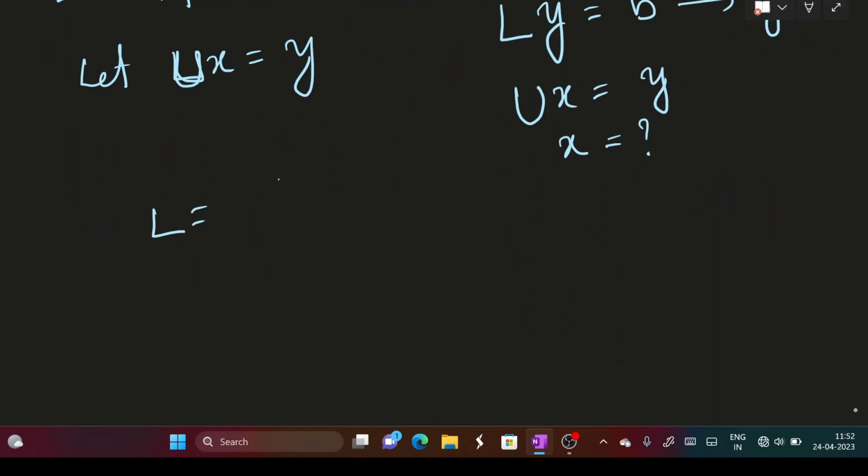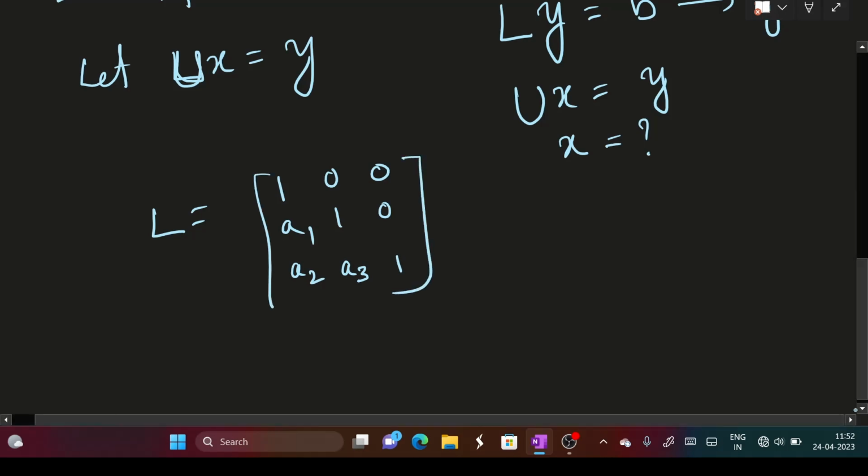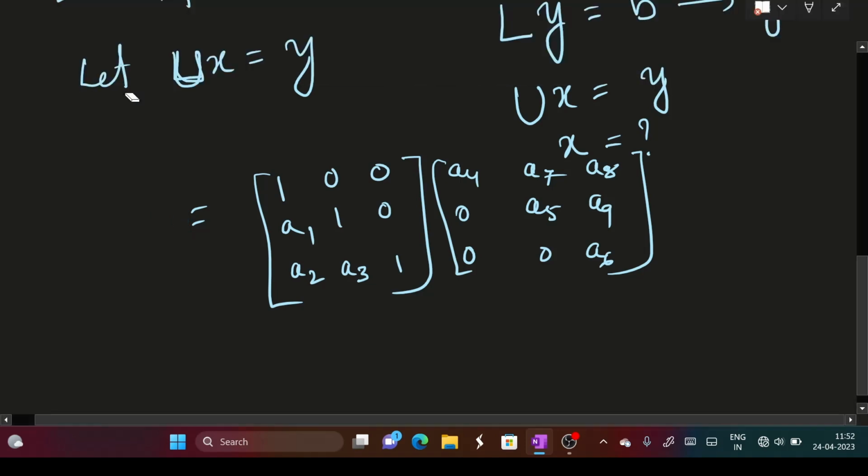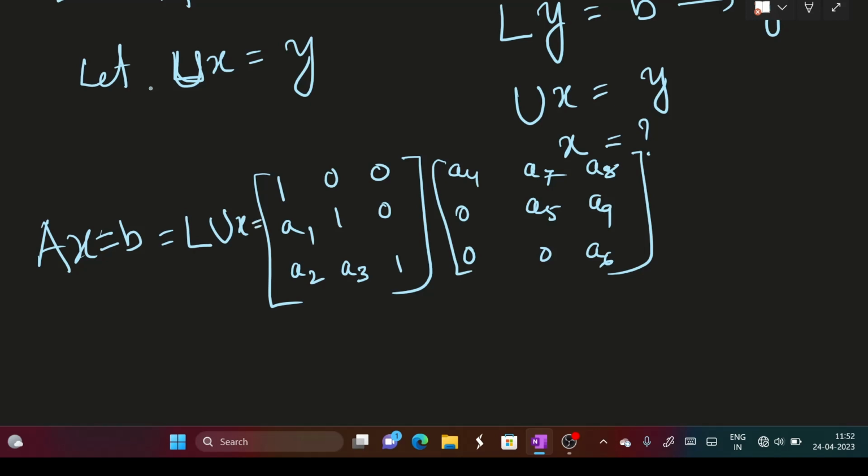Suppose my L is equal to [1, 0, 0; a1, 1, 0; a2, a3, 1] into U, which is [a4, a5, a6; a7, a8, a9 entries]. This is L into U. Then AX equal to B implies LUX, that is this into X1, X2, X3, is equal to B1, B2, B3.